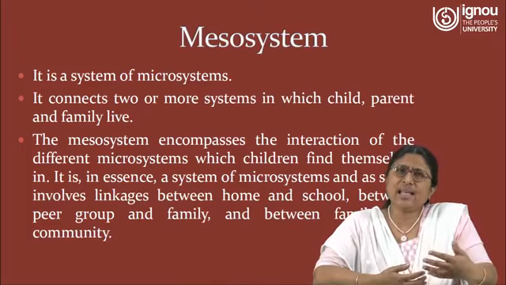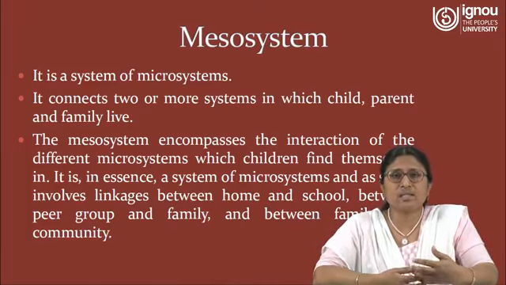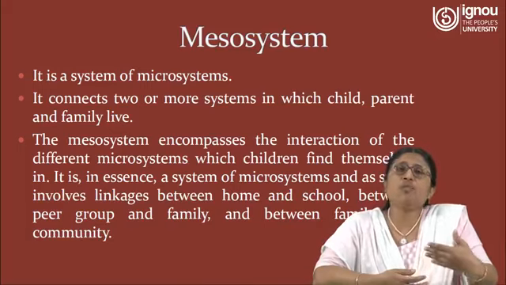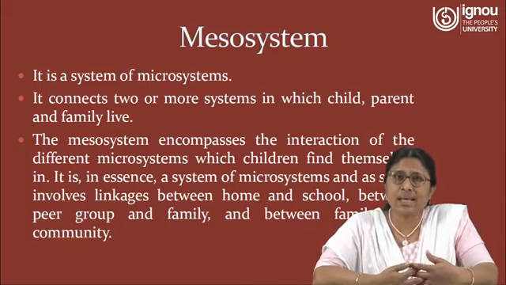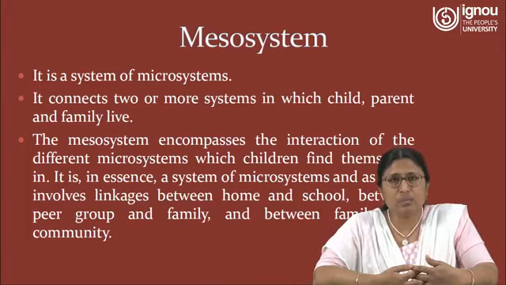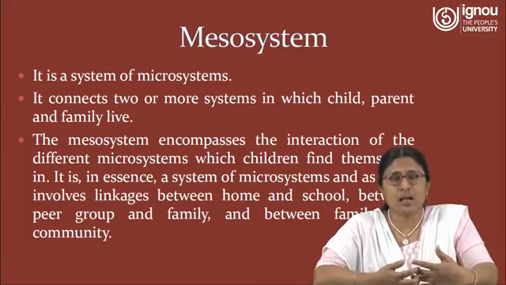In essence it is a system of microsystems, and as such it involves various linkages. What are the linkages taking place here? The linkage between home and school, the linkage between peer group and family, and the linkage between family and community.